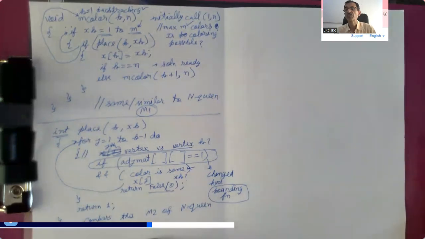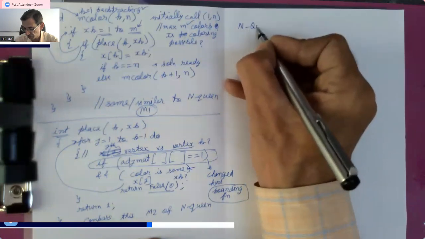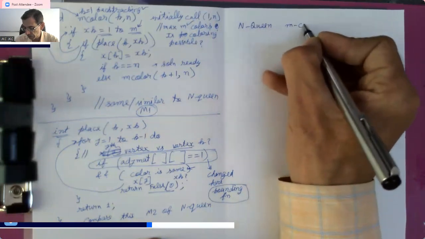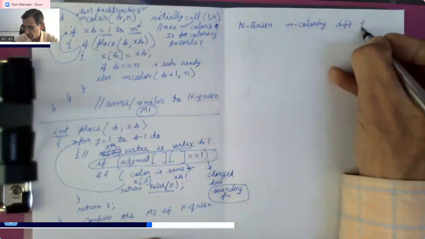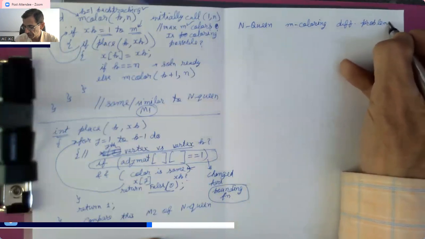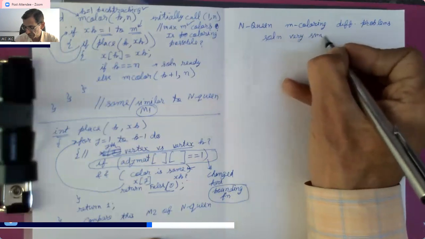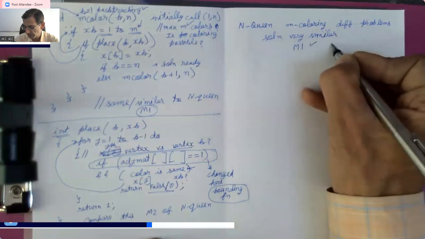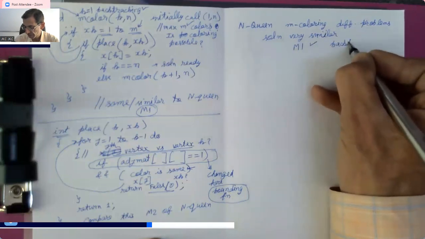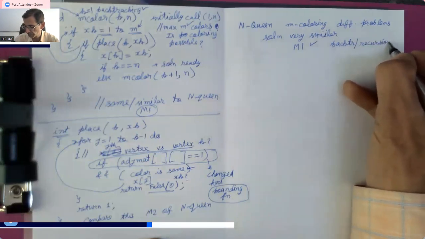Having said that, just understand the beauty of the backtracking algorithms: N-Queen versus M-coloring were altogether different problems, and still the solution using backtracking is very similar. What we always say is that the first module I am designing is module M1, primarily the backtracking and recursion, and that will be mostly common to all problems.